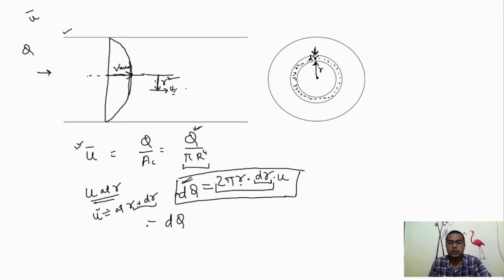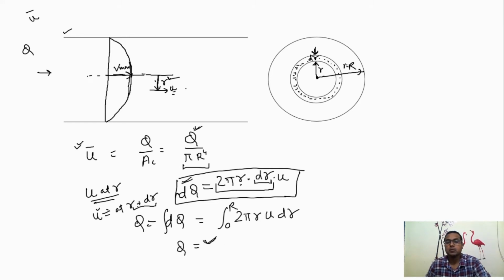To get the total discharge, we have to integrate 2 pi r u dr with respect to r, with the limits: small r at the center is 0, and r at the outer surface is capital R. So r is varying from 0 to R. We have to put the value of u, the local velocity distribution, and by integration we will get the value of discharge.